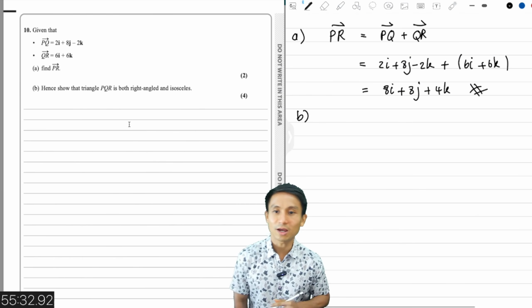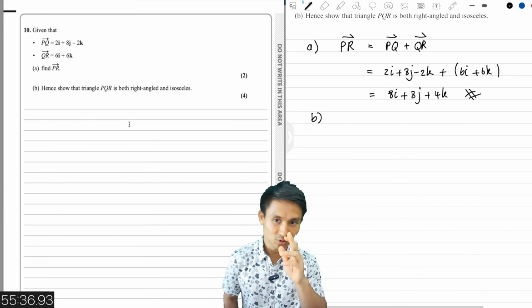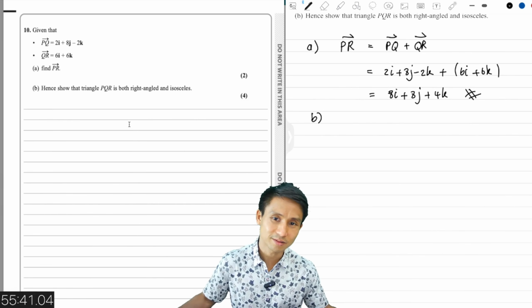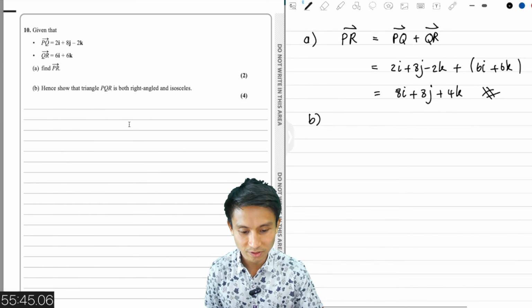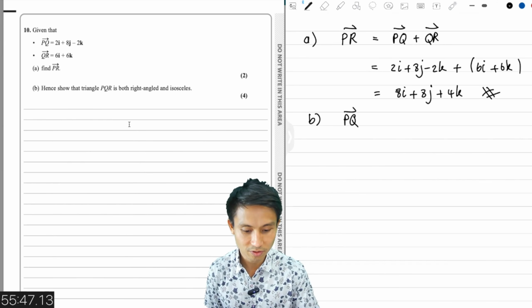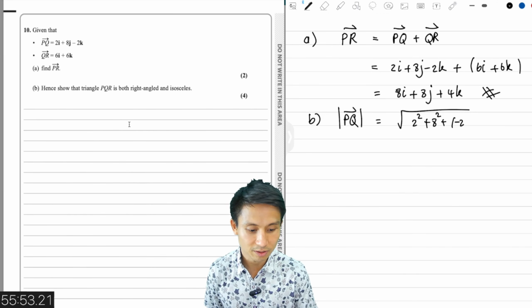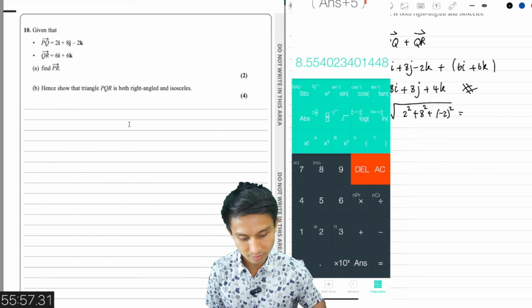Hence show that triangle PQR is both right angled and isosceles. Well, you need to show two things. So let's find the size of PQ first. PQ is square root of 2 squared plus 8 squared plus minus 2 squared. So that's going to be what?